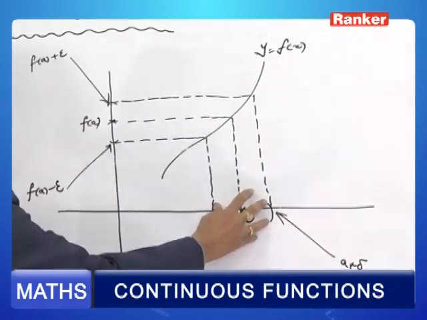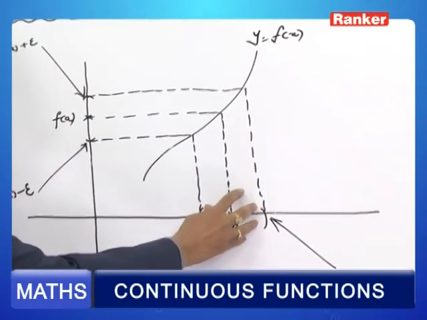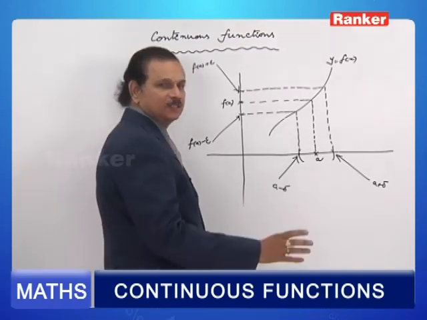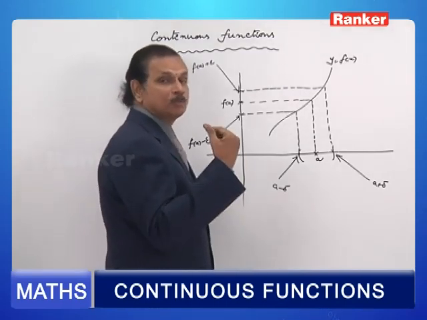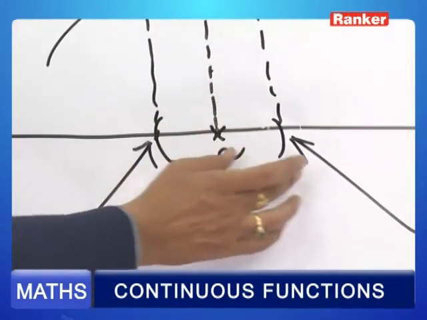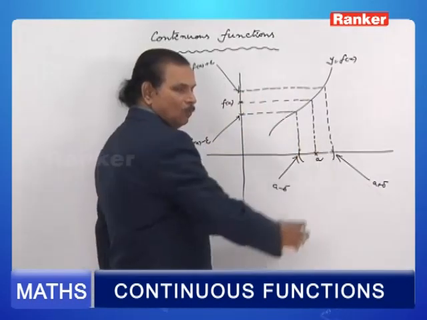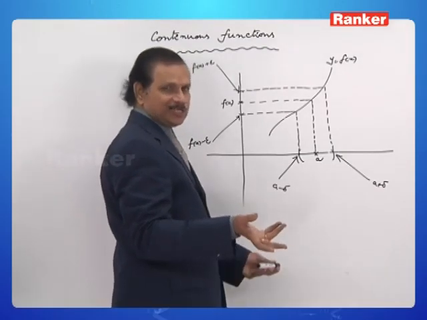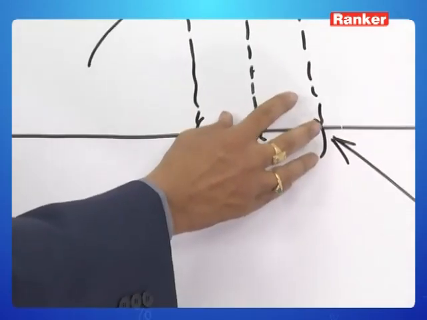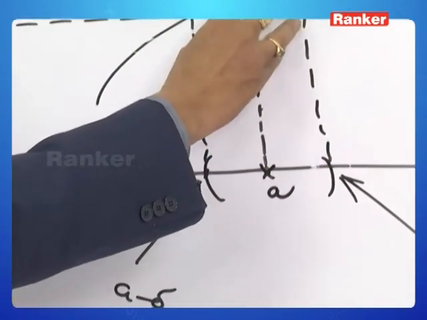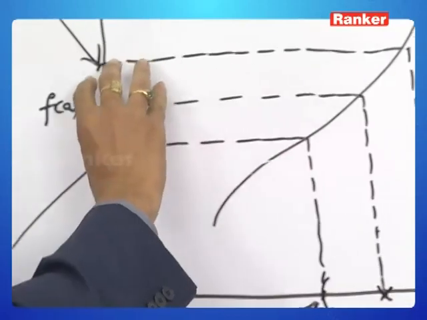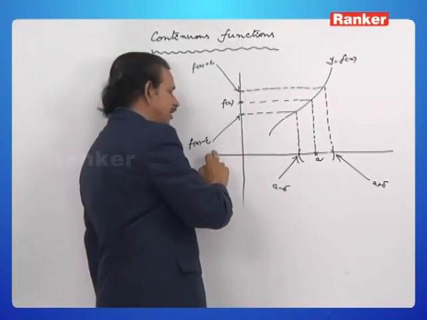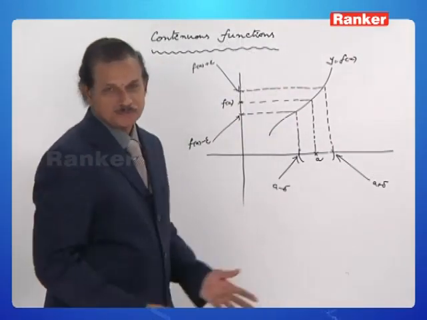For all those x's which lie in the neighborhood A minus delta to A plus delta, what is the address for the images of such x's? You observe f of x's will move like this, like this, like this. They lie in the neighborhood f of A minus epsilon to f of A plus epsilon.